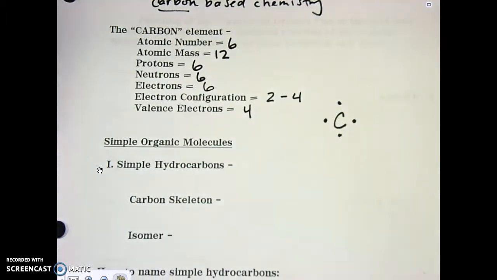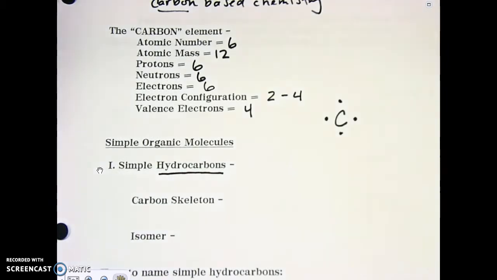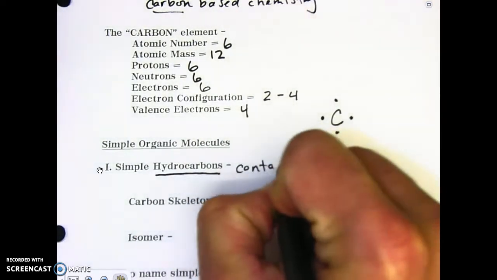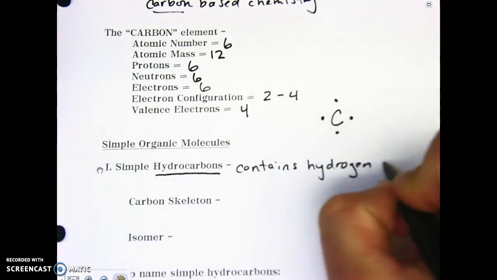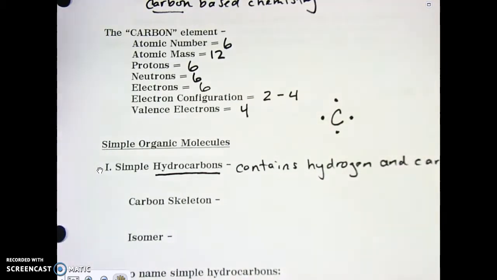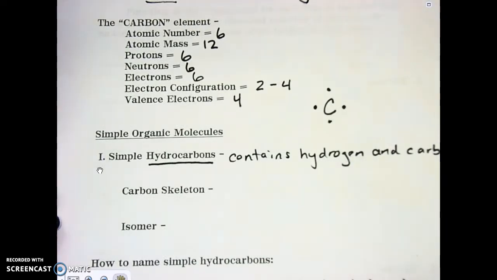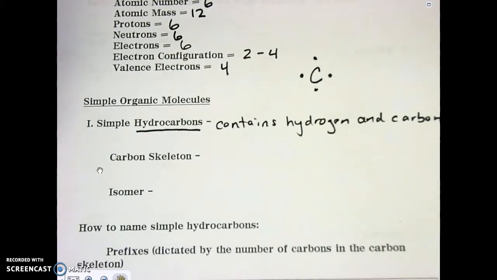To start simple, we start with something called a hydrocarbon, and hopefully you can recognize why. If the term is hydrocarbon, then what this means is it is a molecule that contains hydrogen and carbon. A carbon skeleton is something you have to identify. If you were going to name and understand these simple hydrocarbons, the carbon skeleton is the first skill that you must achieve.